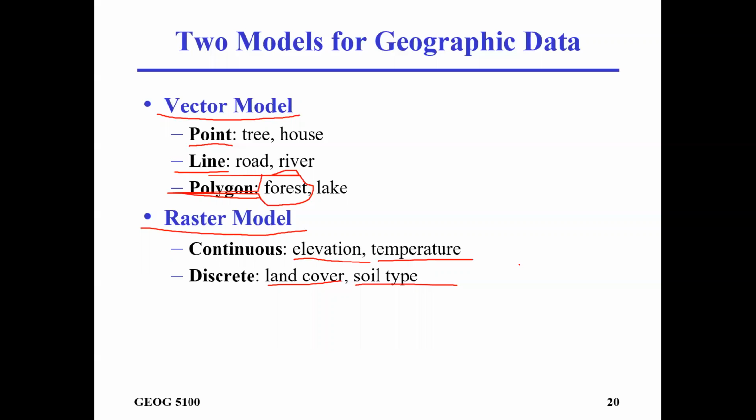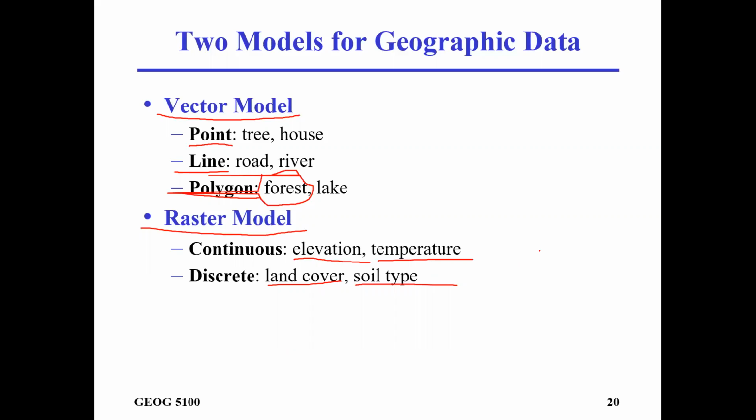Okay, so when you are dealing with, say, urban planning, right? You want to know exactly the spatial configuration of buildings within a specific city. Then vector data is better because there are well-defined, accurately defined boundaries.